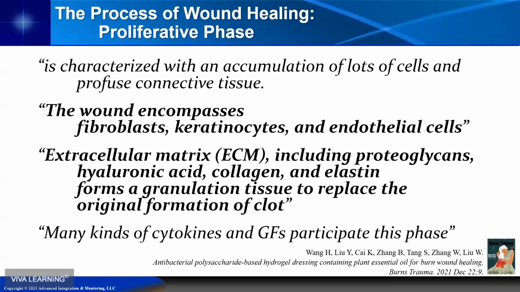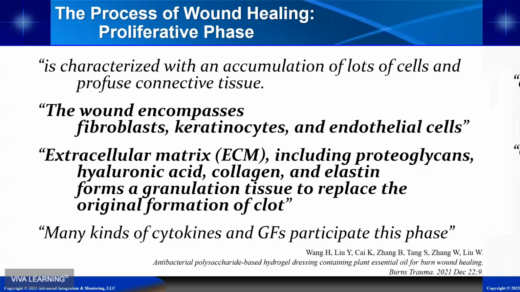There are multiple growth factors and cytokines that are involved that need to participate in this phase. And so what we want to accomplish is to be able to allow these cells to do their job, to function properly, to make sure that we get the collagen and the elastins that are forming the granulation tissue to in turn meet the goals that we're trying to.